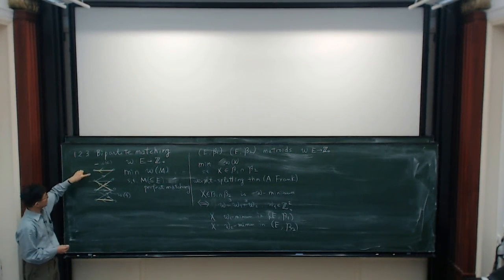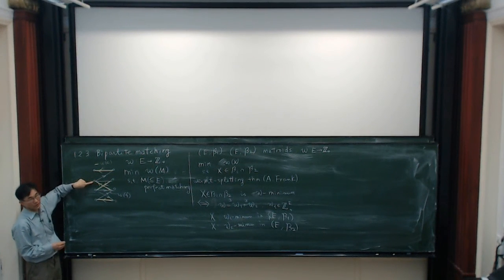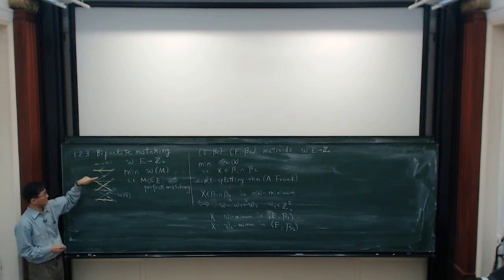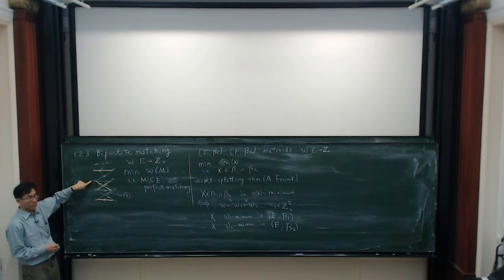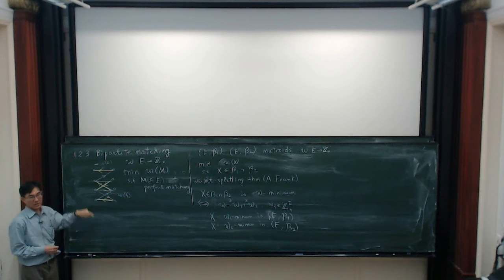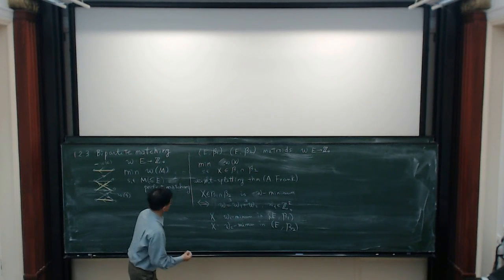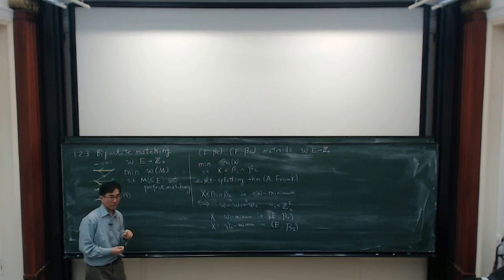Then for each vertex, we have the edges incident to that vertex, and on each edge, we have weights w1, w2. Then we take the minimum of them. That defines the potential here. Okay. So now this is an important theorem.